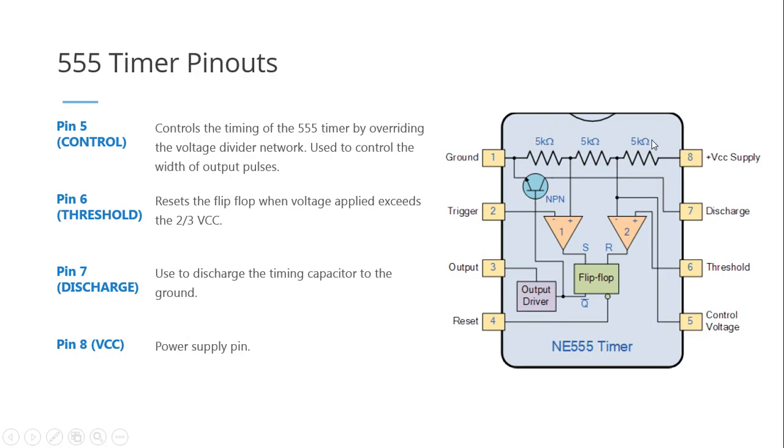So imagine that these 3 resistors have a voltage drop equal to the VCC supply, meaning if it's 5 volts, the totality of the voltage drop in the resistors would also be 5 volts. But the one connected to our first comparator circuit is only 5 kilo ohms, which is 5 kilo ohms out of the possible 15. So it only gets 1/3 of the VCC supply. So that would be around, I don't know, 1.33 volts.